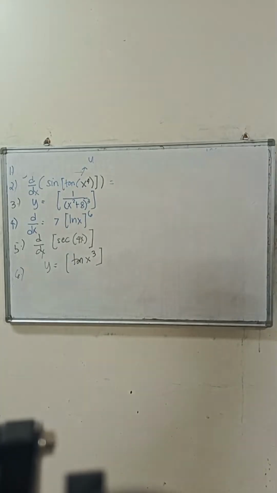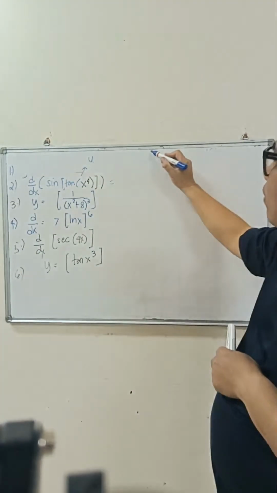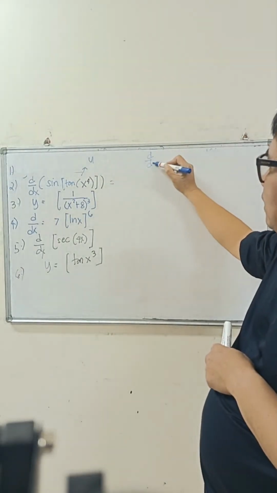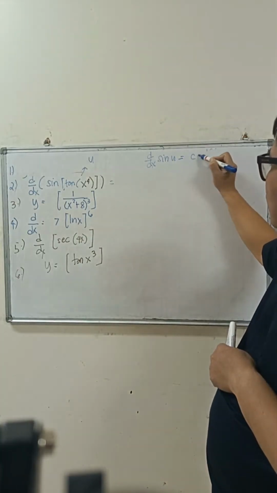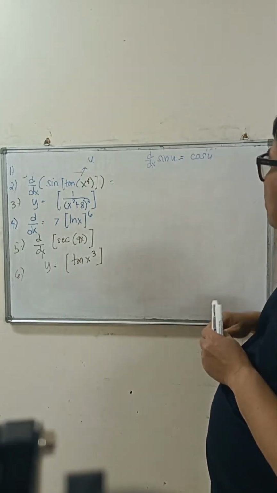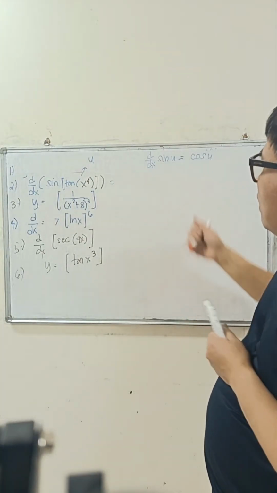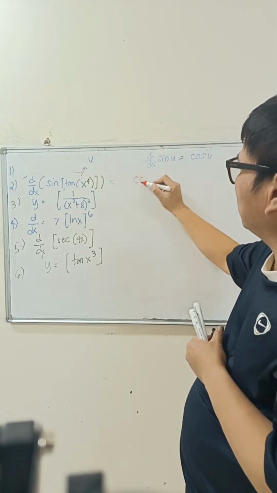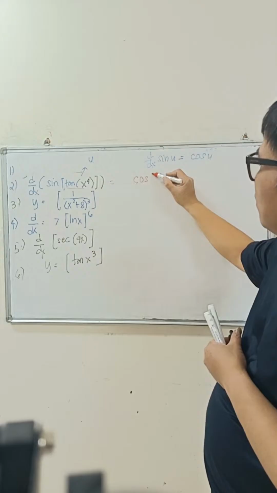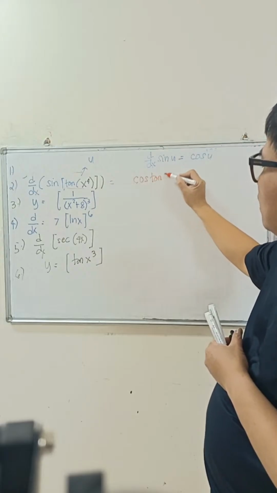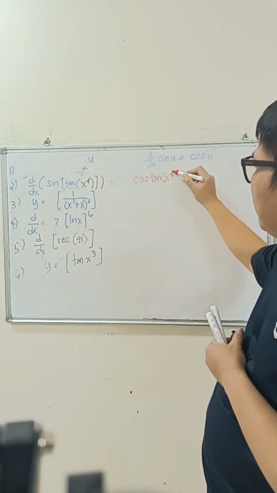So the derivative of d over dx of sine u is equal to cosine u. So therefore, you will say cosine, then u, which is tangent of x to the 4th.